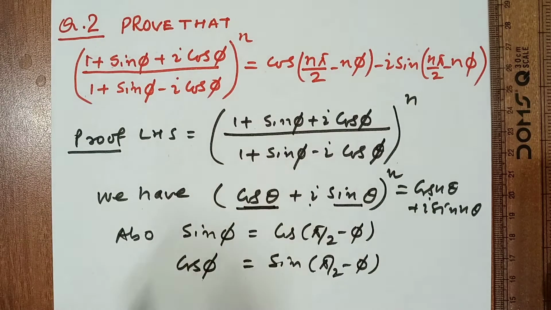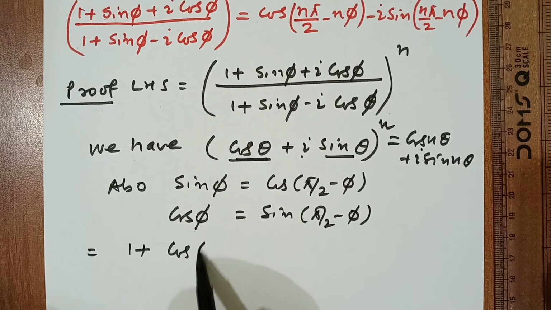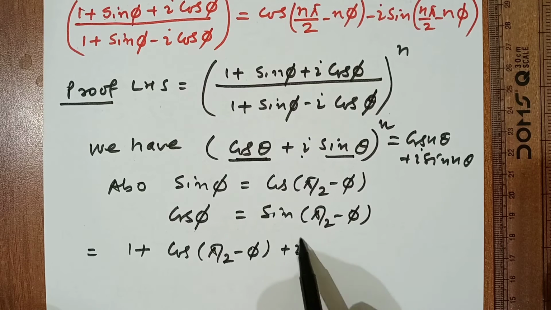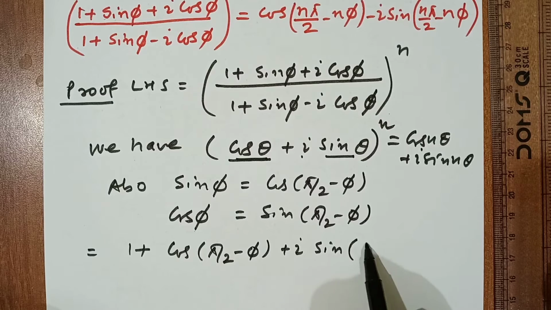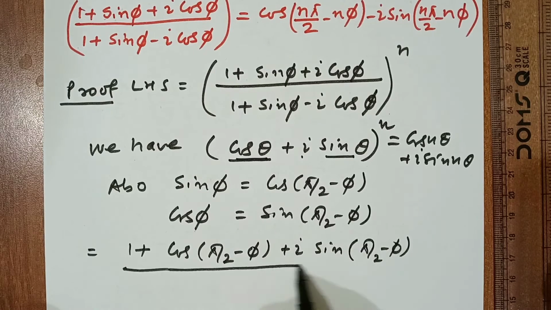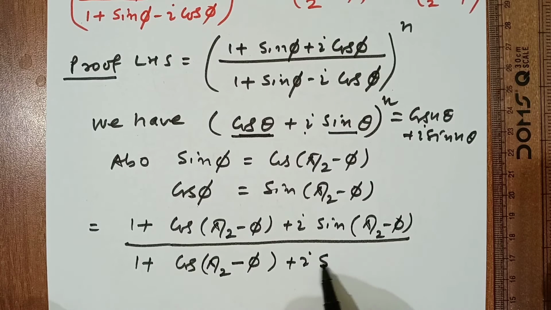So this can be written as (1 plus cos(pi by 2 minus phi) plus i sin(pi by 2 minus phi)) upon (1 plus cos(pi by 2 minus phi) plus i sin(pi by 2 minus phi)).